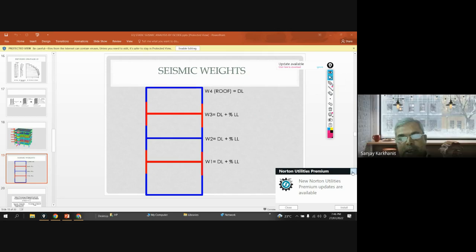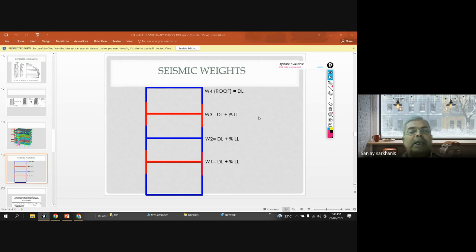And that's why we are interested in finding out the actual base shear that the building is subjected to. So that depends on live load intensity, dead load intensity, etc., etc. And one thing is that once the building is constructed, entire dead load will be always there.